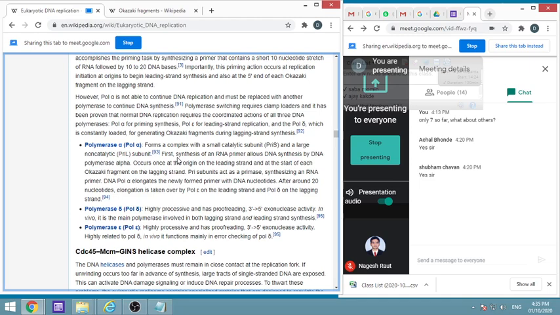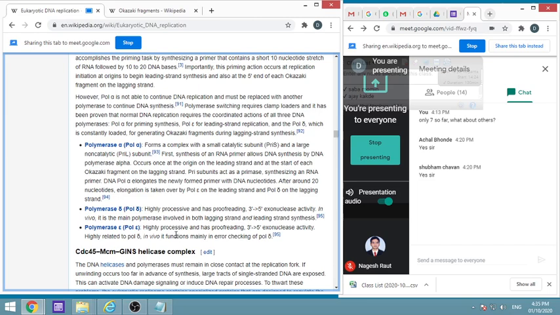It allows DNA synthesis by DNA polymerase once at the origin of the leading strand and at the start of every Okazaki fragment, because this is responsible for making the RNA primer. So in the leading strand the RNA primer is made once, because it then continues, while in the lagging strand, the RNA primer has to be attached every time.